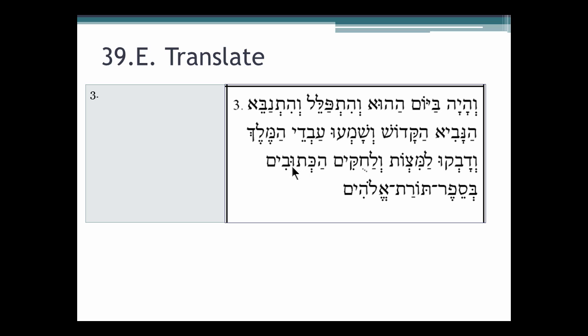We have this u in the middle, and that's the sign of what? The Qal passive. This is a Qal passive plural. So they'll cling to the commands and to the statutes which were written. Again, translate it passively. Katav is to write. Which were written, besefer, in the book of the Torah, in the book of the law of Elohim, the book of the law of God.